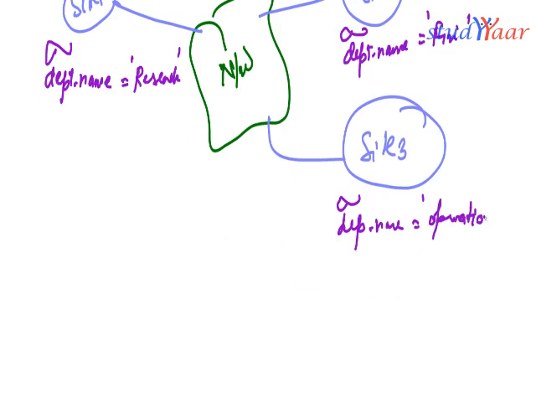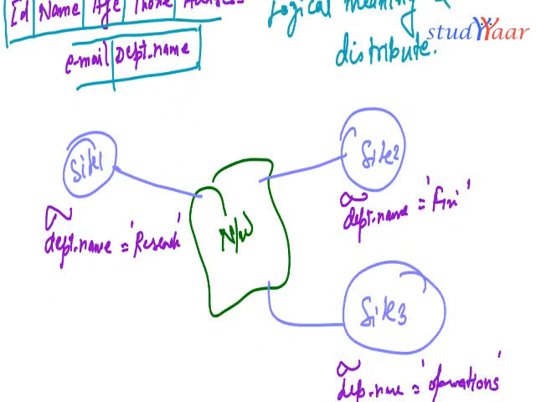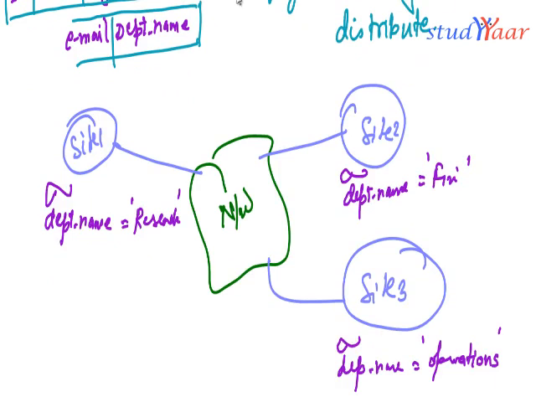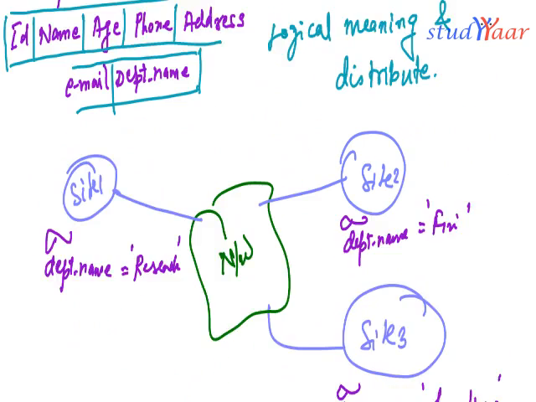Okay, so this is how I fragment my employee relation into 3 subgroups which have a logical meaning, right? This fragment says that these employees are working in research. There is a logic to it, and I distribute them over to 3 sites, site 1, site 2 and site 3.